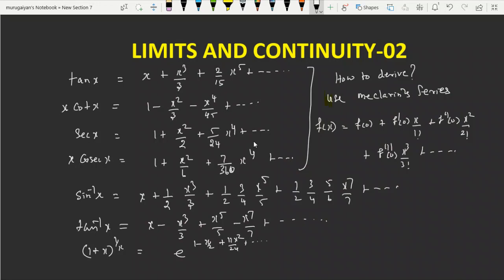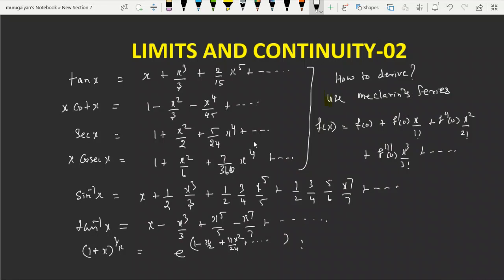Keep going. The exponent of e is itself an infinite series. So why should we give more importance to the last infinite series, 1 plus x whole power 1 by x?